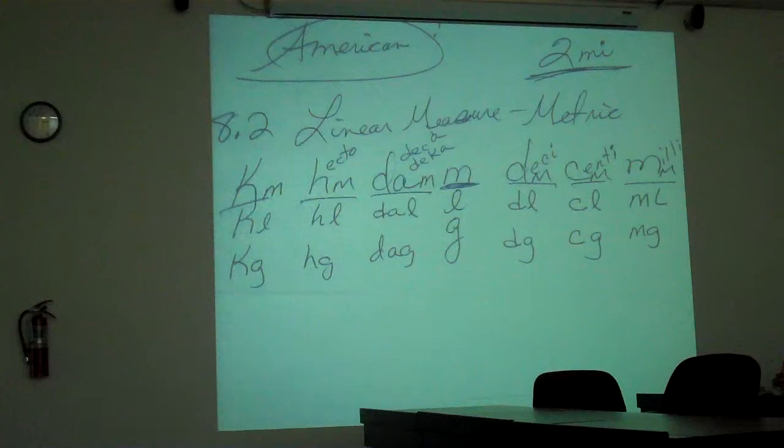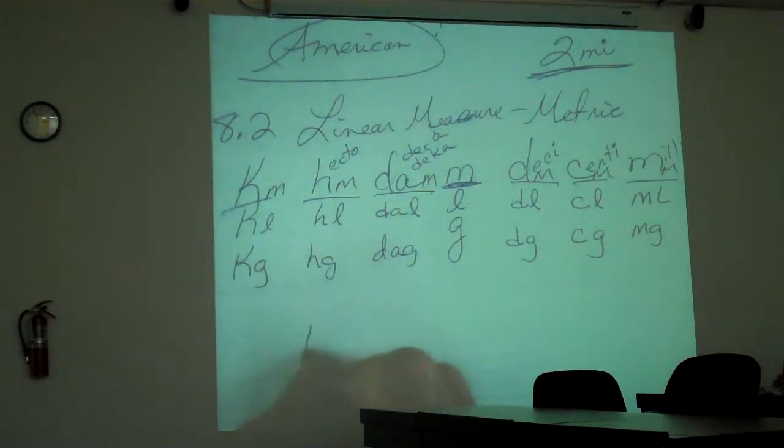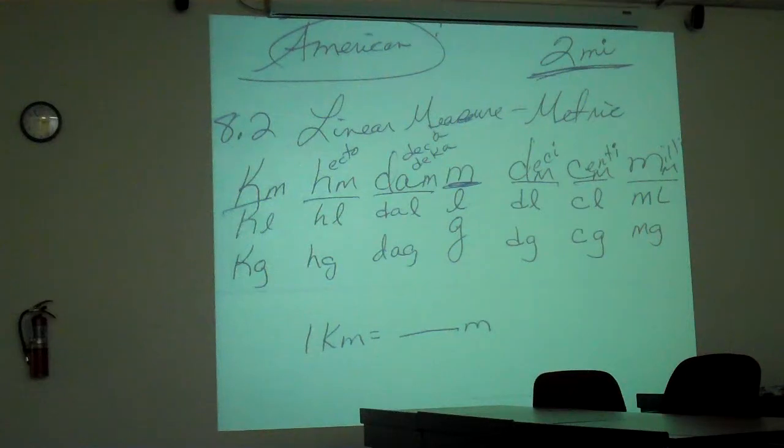Okay. The way it shows you in the book, sometimes it says to multiply by 10 or 100 or multiply by 0.1. Don't do that. Just use this right here and you can do any conversions in metric. Okay, if you have 1 kilometer, you want to know how many meters it is.